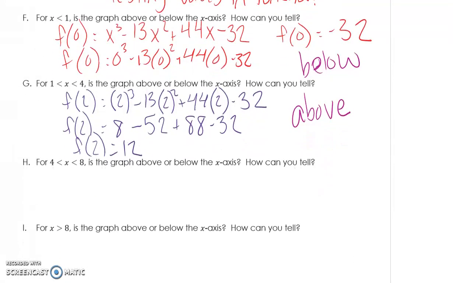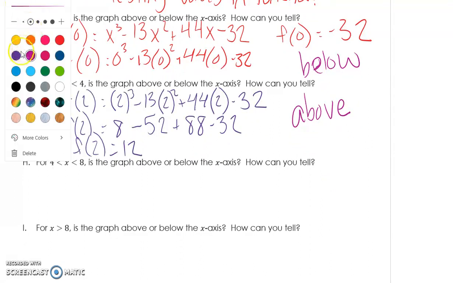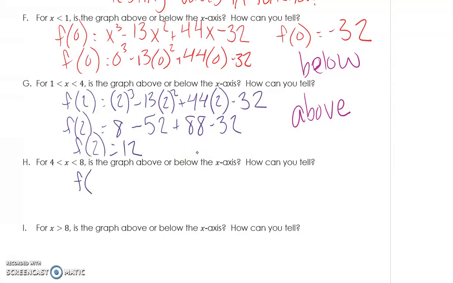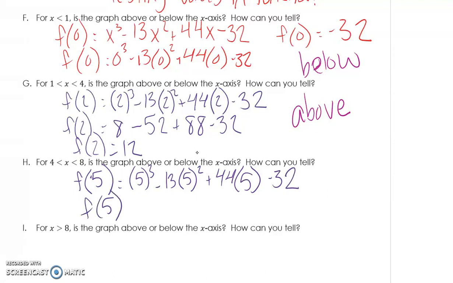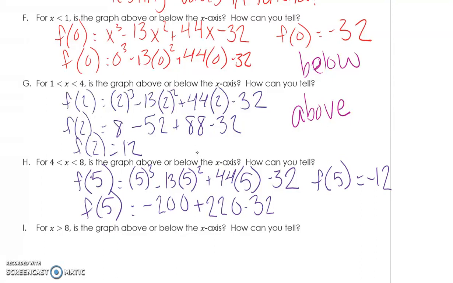Same process again. Let's try 5. We end up with a negative number, meaning it is going to be below.